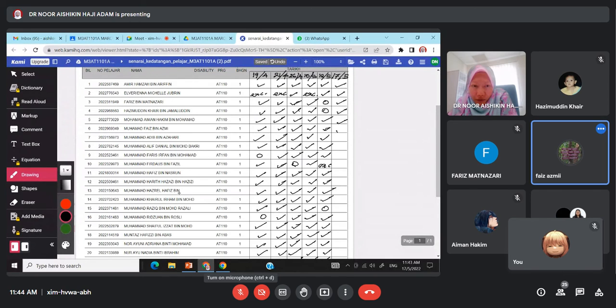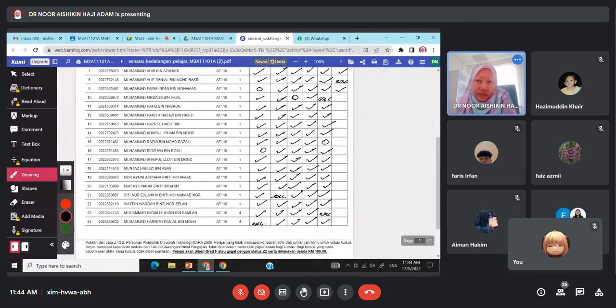Faiz? Ada doktor. Adib? Alif? Alif mungkin tak ada hari ni, sebab dia masuk hostel kampus. Faris? Ada madam. Faris Mat Nazari. Now is Faris Irfan. Ada. Firdaus? Ada.